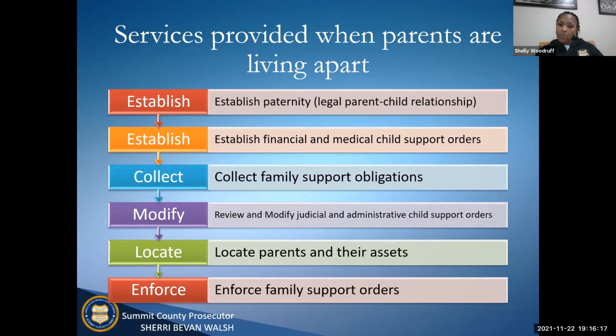We can take lottery winnings. There are several different ways that we will enforce child support. We can even charge someone for contempt as well as criminal non-support, and they can face jail time for non-payment of child support. Those are some of the services that we can provide at our office.